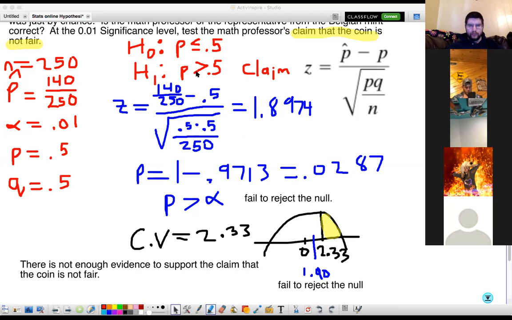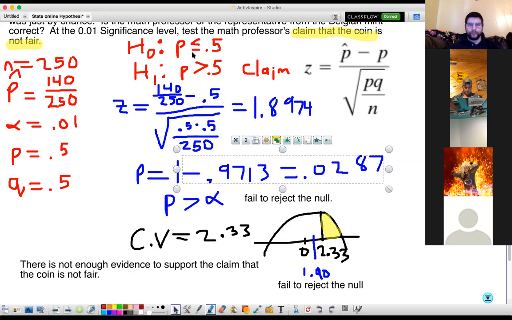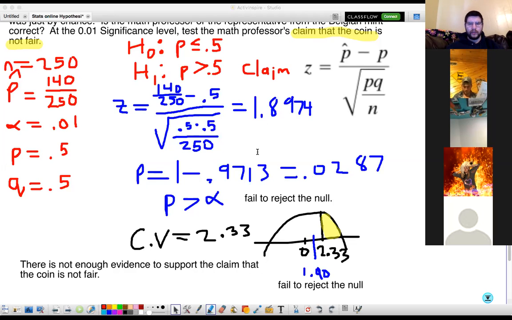And then from there, we get our Z and our p-values. Where did you get 0.9713 from? Okay, I got that from the chart. If we do it by hand, we look up our alpha value on the chart. So our alpha value is 0.01, so we need to find where that is on the chart.